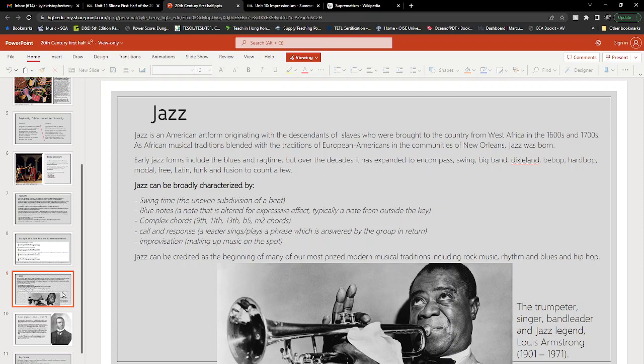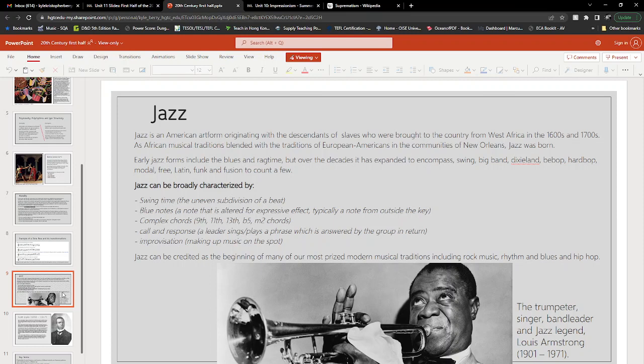So instead of 1 and 2 and, like a clock where it's always equal, with that same beat, now I'd go 1 and a 2 and a 3 and a 4, da da da da da da. Whereas before I had da da da da da da da, every beat is equal. Now I have a swung time. So this is an uneven subdivision of the beat.